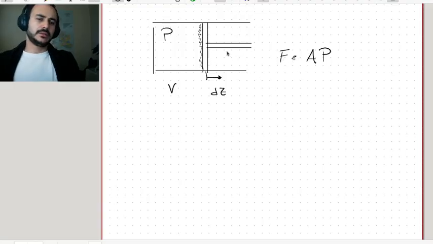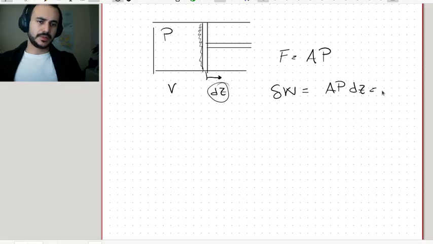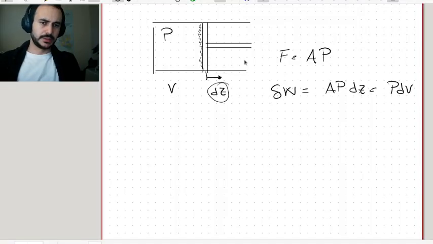And when the piston is pushed infinitesimally outside, the amount of work done by the system is A times P, which is the force, times the differential of Z, and A times differential of Z is the differential of volume. So it's pressure times differential of volume. This is the work that the gas is doing by pushing the piston outwards.